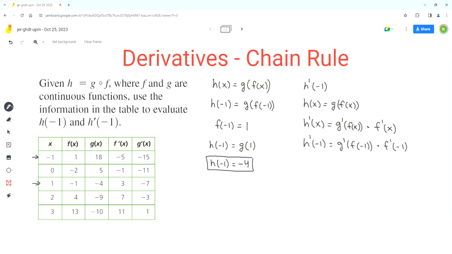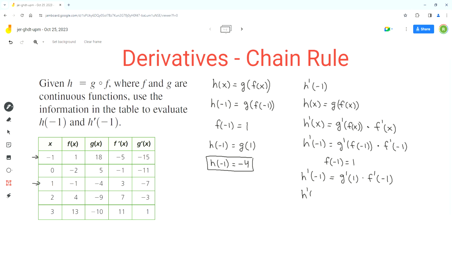So we figured out that f at -1 is equal to 1. So in our next step we get h prime at -1 equals g prime at 1, because f at -1 is equal to 1, times f prime at -1.